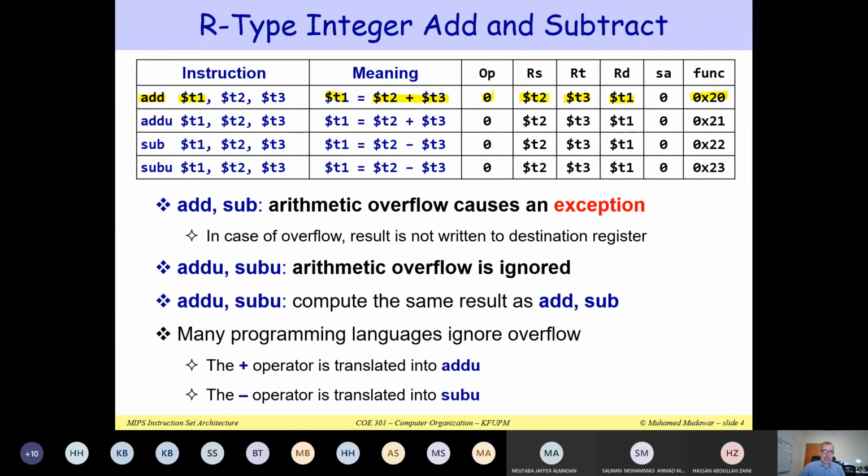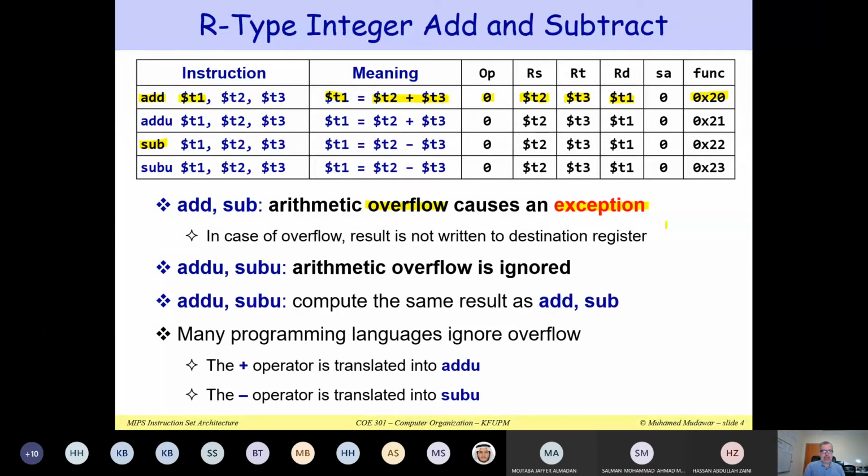Notice that all of these instructions have exactly the same opcode. It's the function which is different. So we have addition, which is add. We have subtract here. Now both the add and the subtract are going to detect overflow. So if there is overflow, the overflow is going to cause an exception. This exception is typically going to terminate the execution of your program.